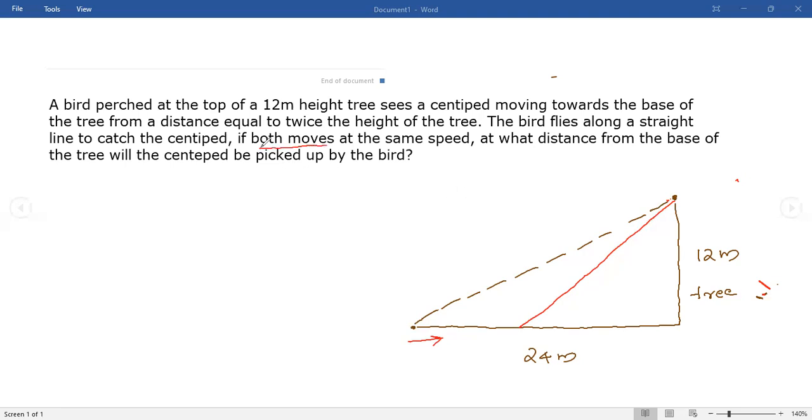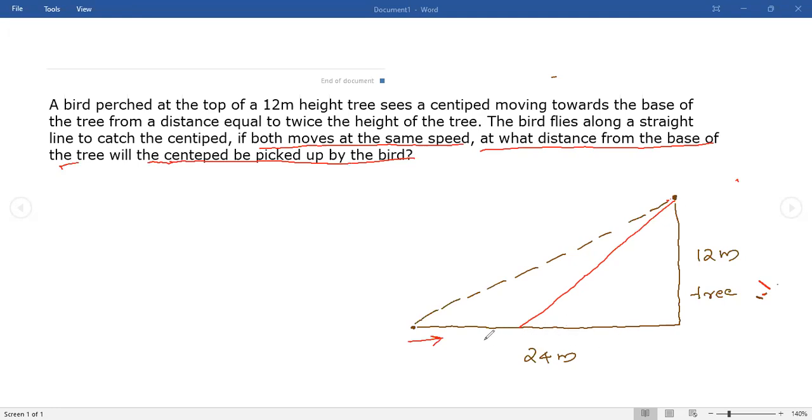Okay, so what is the question? If both move at the same speed, the bird is moving at a speed and the centipede is also moving at a speed, at what distance from the base of the tree will the centipede be picked up by the bird? Okay, so we got the question here. So, where is the answer for this question?